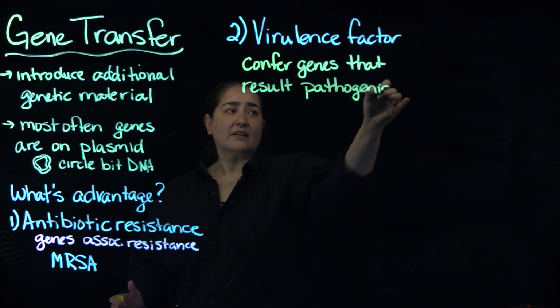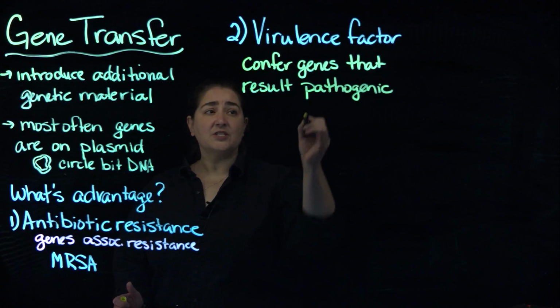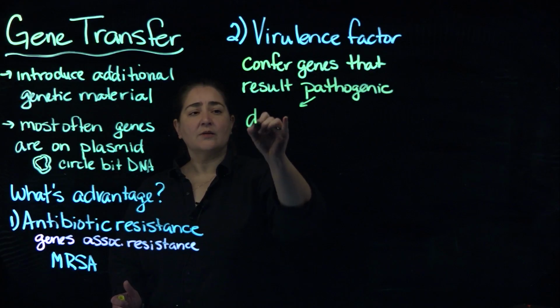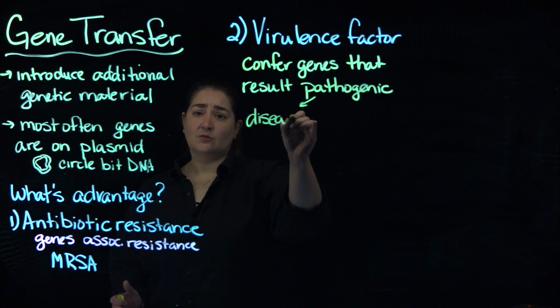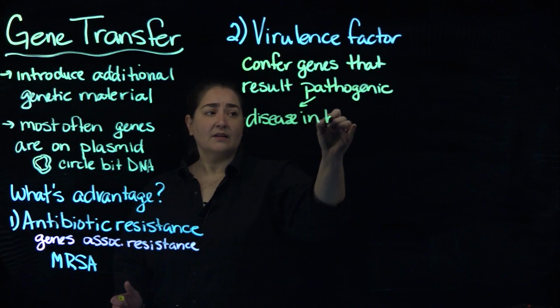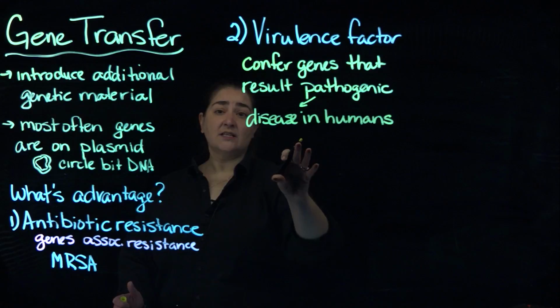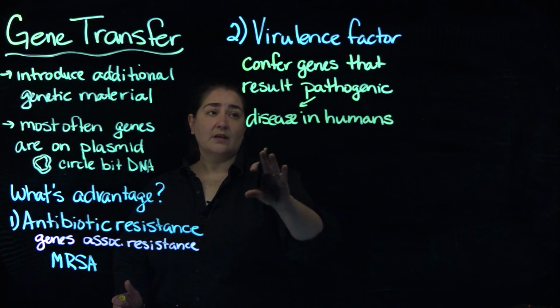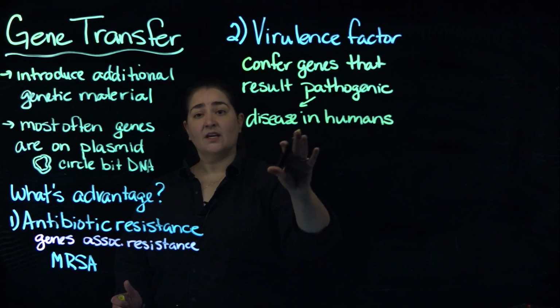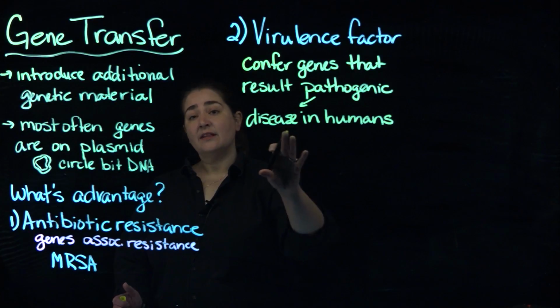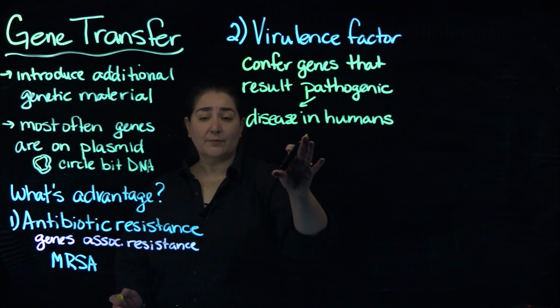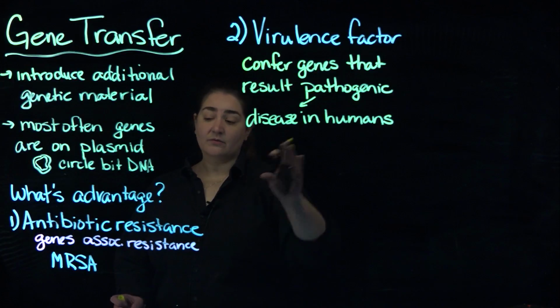All right? And if it's pathogenic, we're talking about something that causes disease in humans. But again, it offers an advantage for the bacteria in survival. And that advantage is if it can get past your immune system, that allows that bacteria to still replicate and generate more offspring. And that's really the goal, all right?